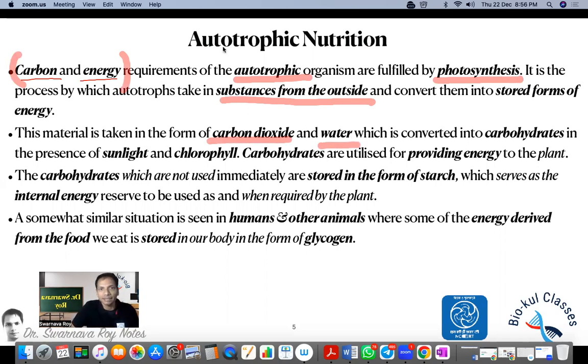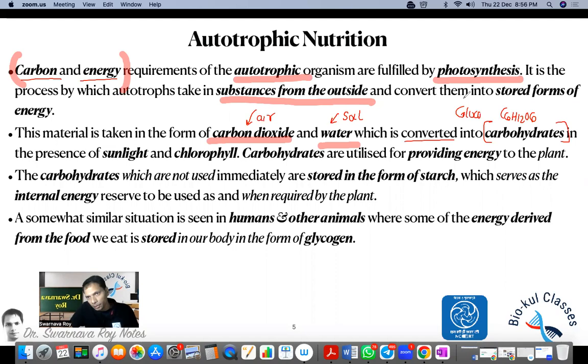Carbon dioxide is taken from the atmosphere, from the air. Water is taken from the soil. And then they convert this into carbohydrate, which we write as C6H12O6, that is glucose.